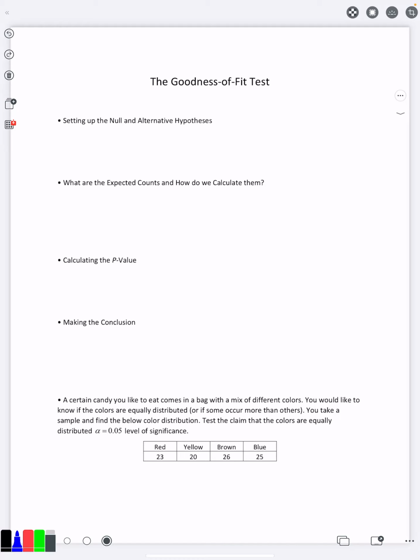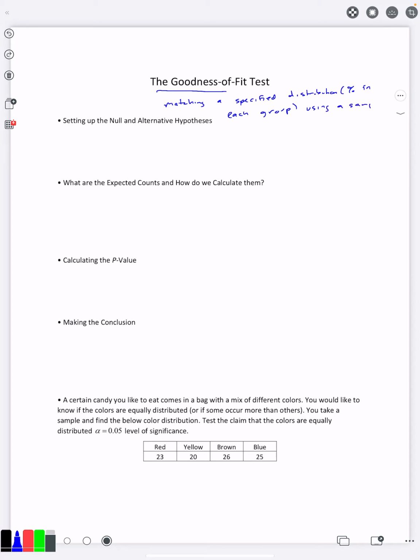So the idea is, when you have a variable that has different values and you have one scenario where you have these percentages of how they break down and you want to compare whether it matches that or not, that's called the goodness of fit test. You are matching a specified distribution, and by distribution we just mean percentage in each group, using a sample.